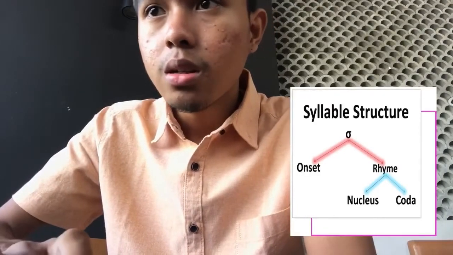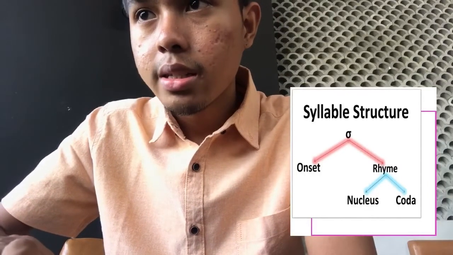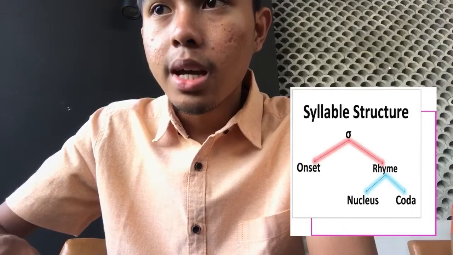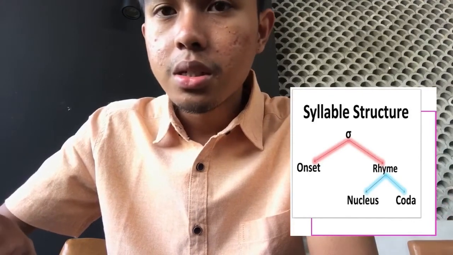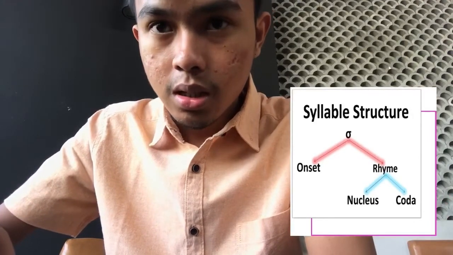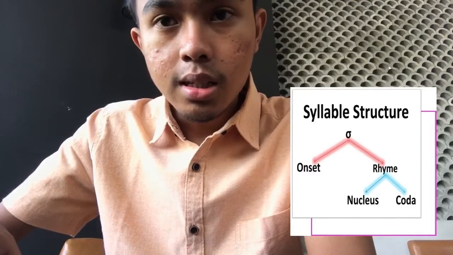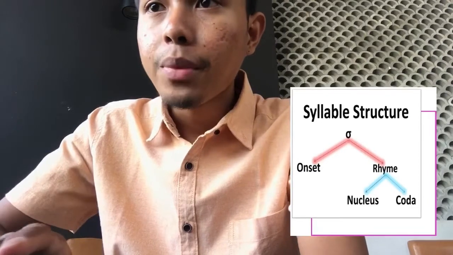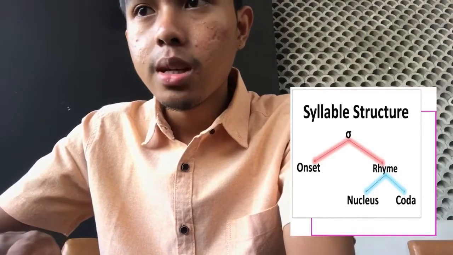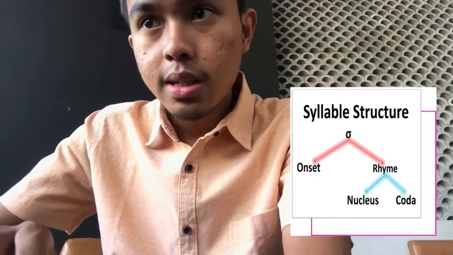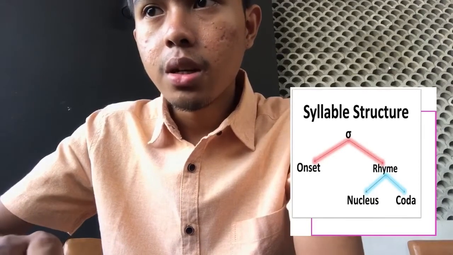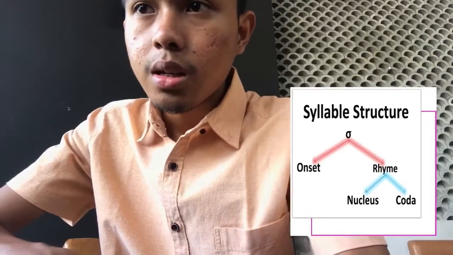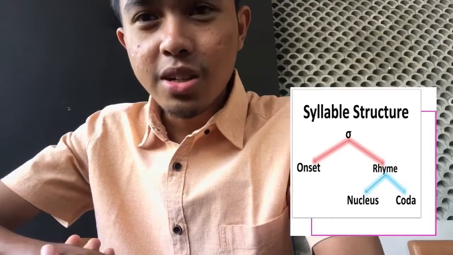The onset is the sound or sounds occurring before the nucleus, and the coda, literally tail. In Italian, coda means tail. It's the sound or sounds that follow the nucleus. They are sometimes collectively known as the shell. The term rhyme covers the nucleus plus coda.